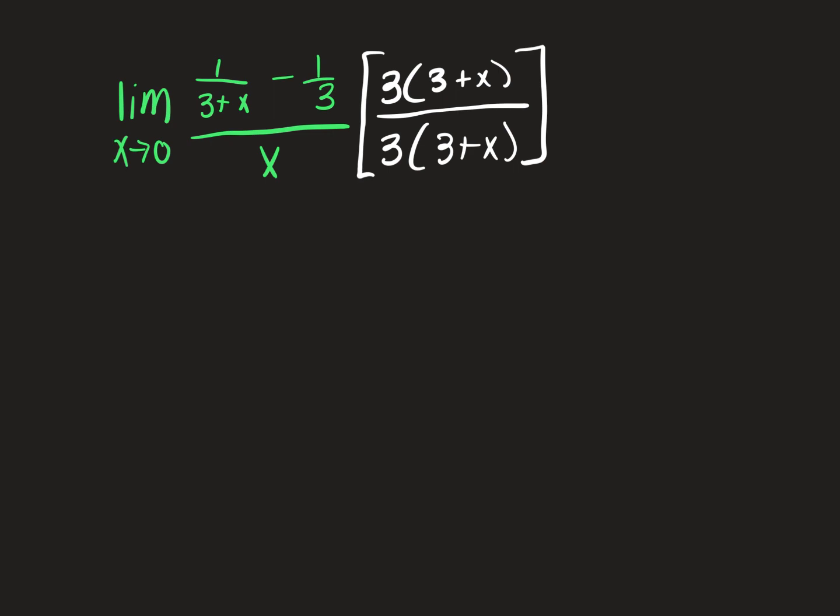Conjugate is when you change the sign in the middle. For this, I'm multiplying by what the common denominator of the top would be, which is 3 times 3 plus x. I'm doing that on top and bottom. So not the conjugate, common denominator.